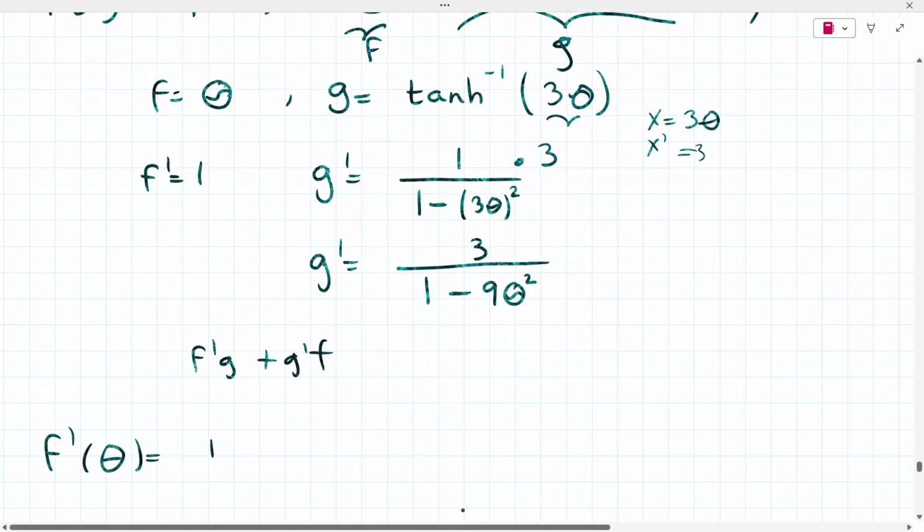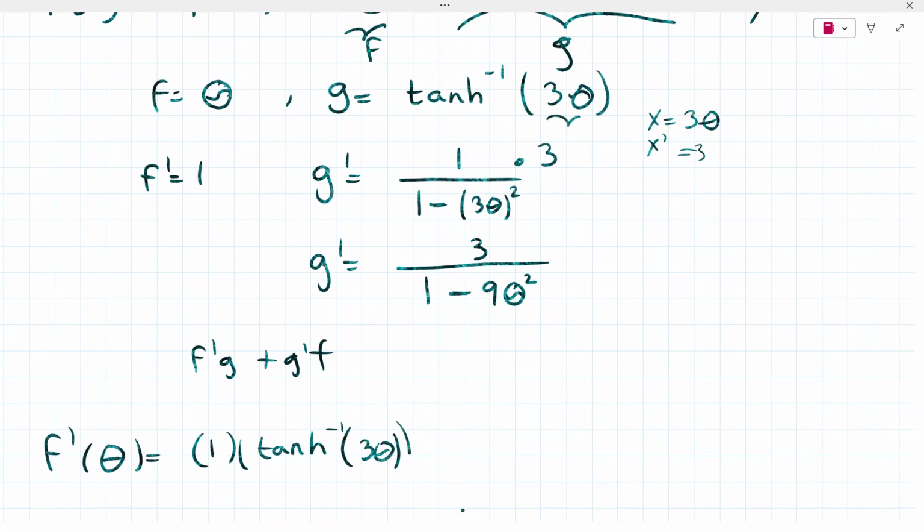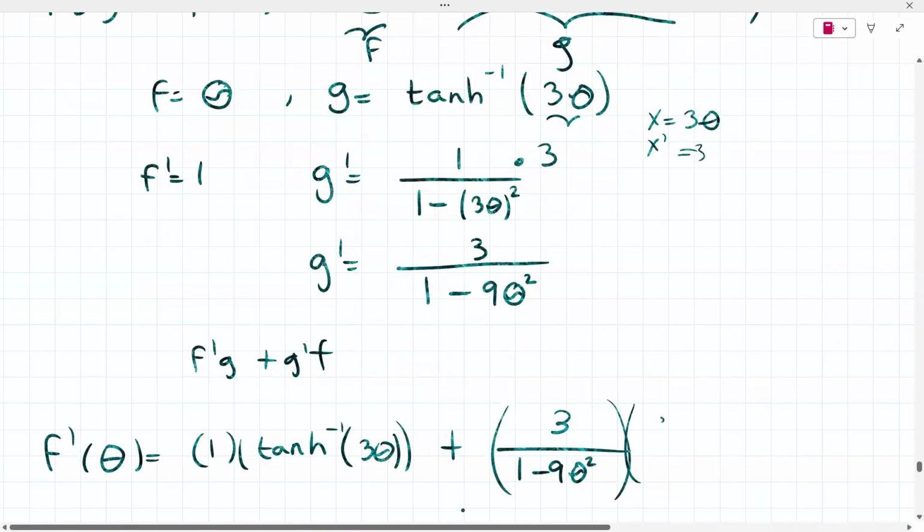So my f prime is 1, my g is tan inverse of 3 theta, plus g prime, which is 3 over 1 minus 9 theta squared, times f, which is theta.